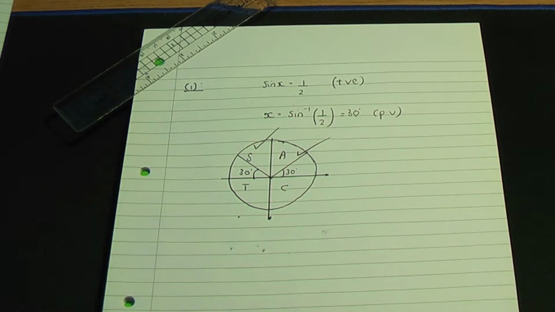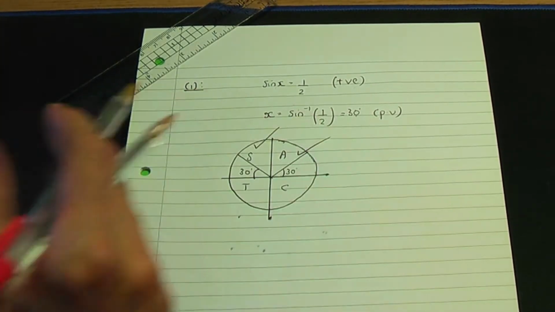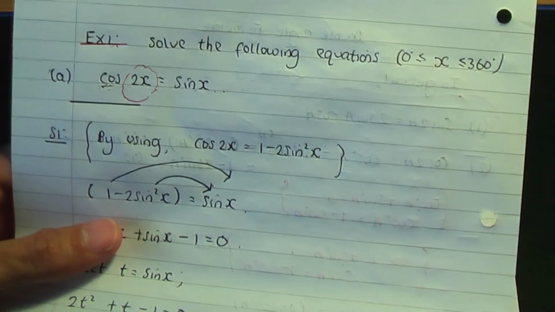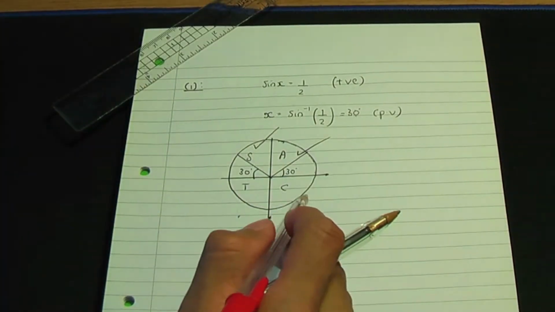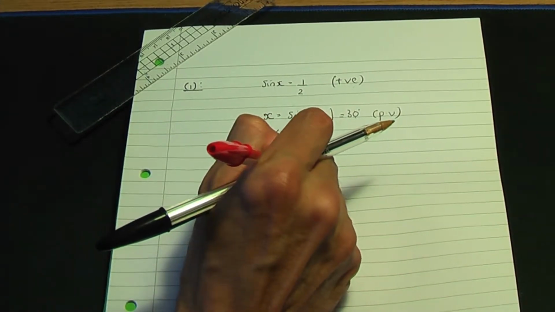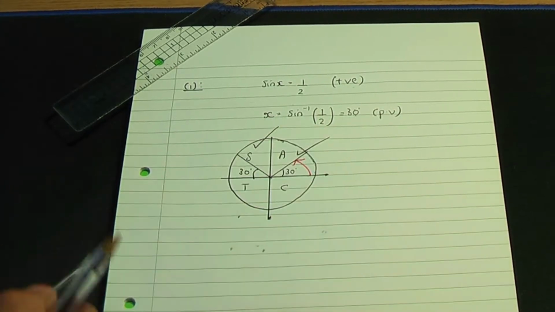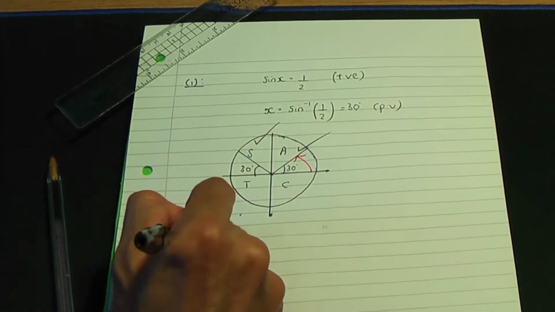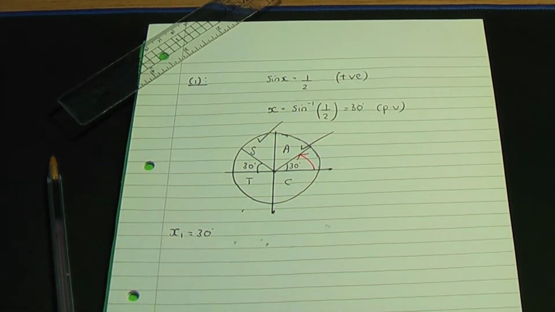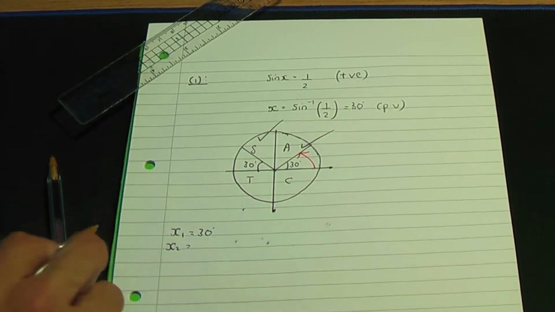Solutions, on the other hand, are measured from the initial line, and since we're looking at positive solutions for x between 0 and 360 included, positive angles are measured from the initial line in the anti-clockwise direction. So in the anti-clockwise direction until we hit that first line, I'll call the first solution x1, that is 30 degrees.